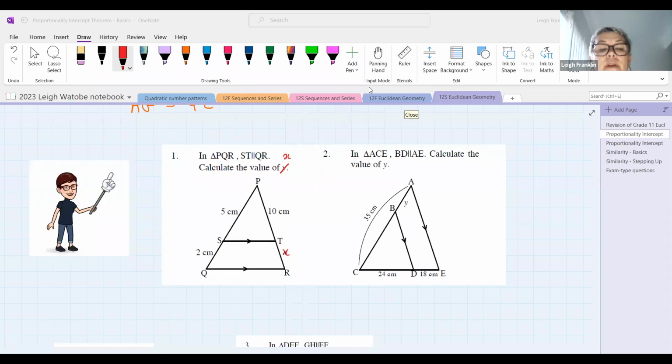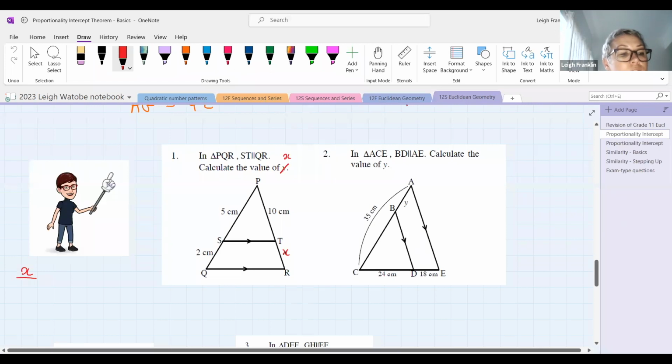Great work. Very nice. Well done. Okay, so Lorato is already finished. Good job. I just want to check that you guys are setting this out correctly.